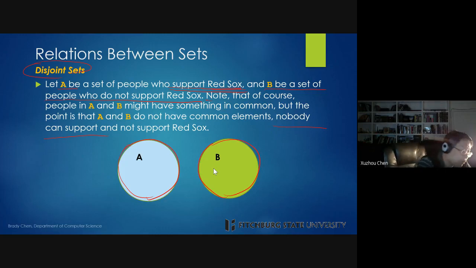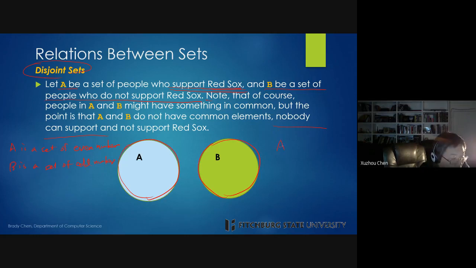Now, if you want to see some other examples, let's say A is a set of even numbers, and B is a set of odd numbers. In this case, A and B are also disjoint sets, right? Do we have any other example?